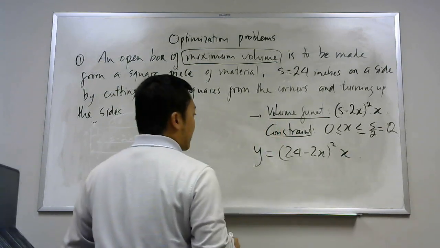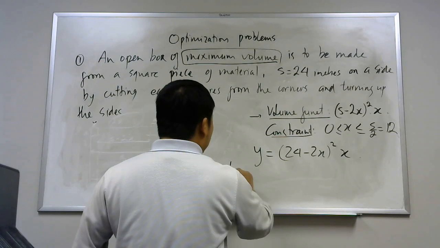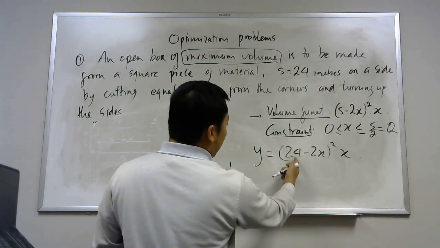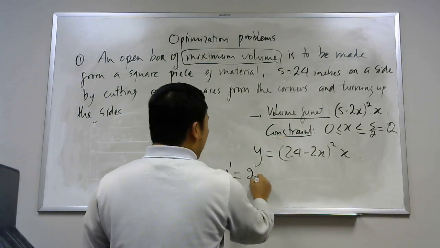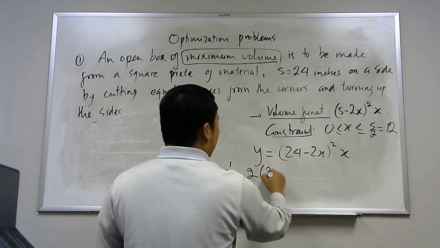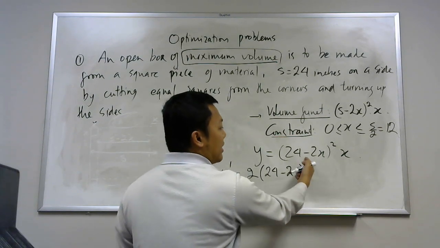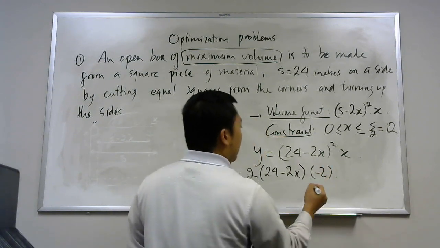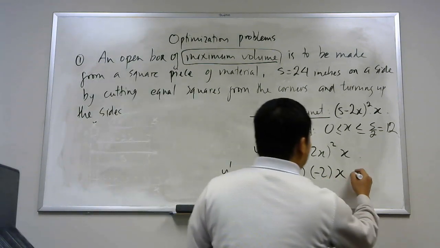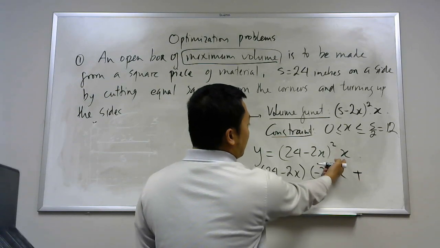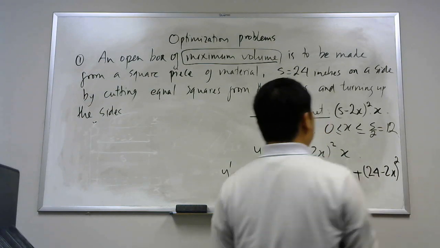Let's differentiate this function. So when you differentiate this function, you get y prime equal to, I can use the chain rule, no problem. So I bring the power down, and then I have 24 minus 2x. And then multiply by the derivative of the inside, which is -2, and then times x, that is the derivative of the first part. And then plus the derivative of x is just 1. So I have 24 minus 2x squared.